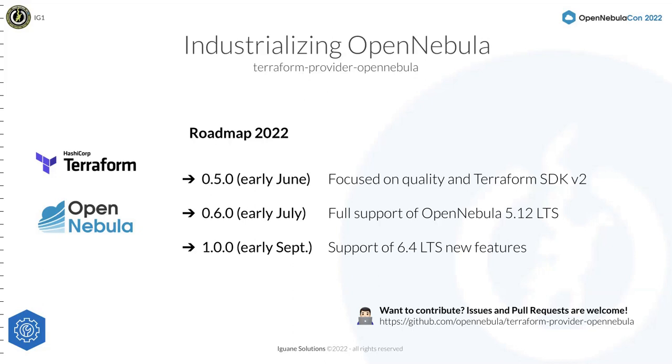And after the summer break, we want to support the new 6.4 release of OpenNebula, because the 6.4 will replace the 5.12 as the new LTS. So we want to support the new LTS to be ready by the end of the year when the 5.12 will be officially end of life. So that's the roadmap for the Terraform provider.